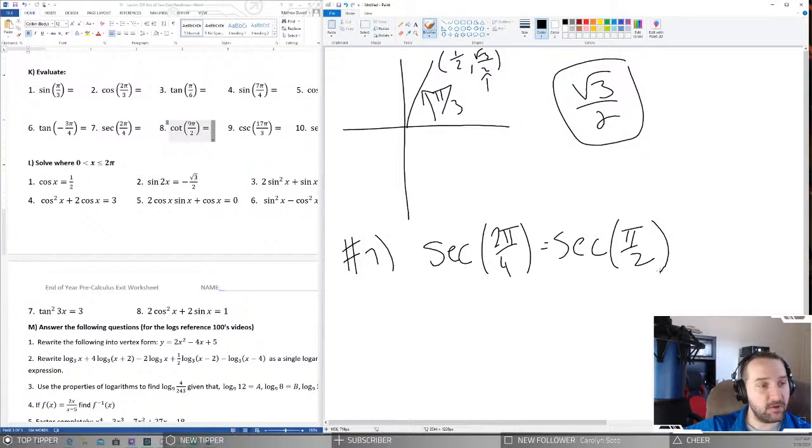So if I find what the cosine is, the reciprocal would be the secant. So up here, the point is 0, 1. So my cosine value is 0, or should I say 0 over 1. So the secant of that, we have to flip it. So you're going to get 1 over 0, which is undefined.